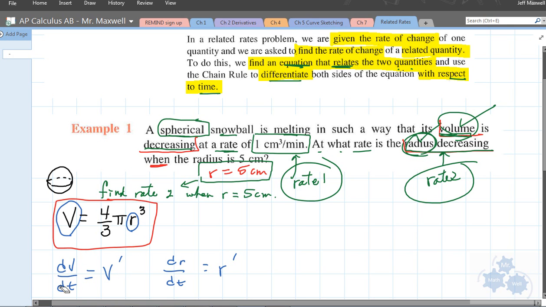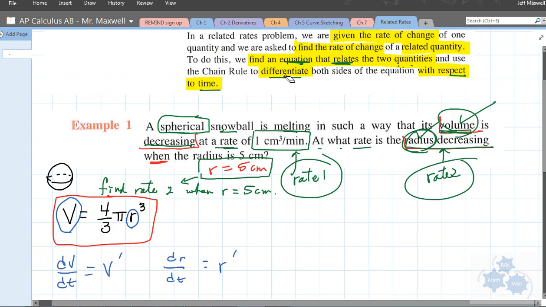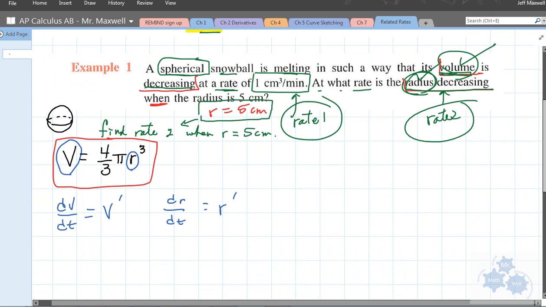What are we talking about over here? Slope, which is also, what's the word I'm looking for? The derivative. The rate of change of a variable is the derivative of the variable, right? The derivative is the rate of change. So that's why we differentiate both sides with respect to time.